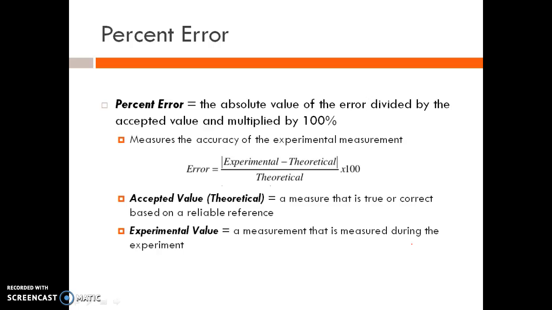So percent error is the absolute value of the error divided by the accepted value multiplied by 100. So the accepted value, or the theoretical value, measures the accuracy of our measurement.